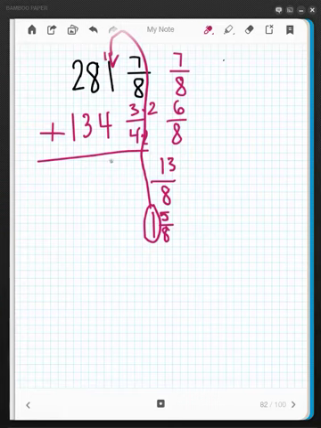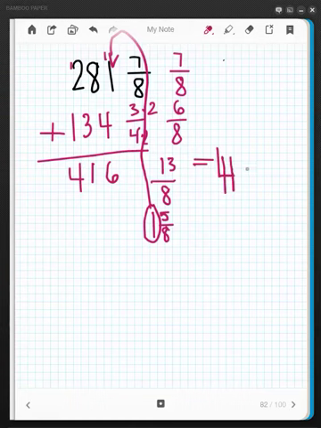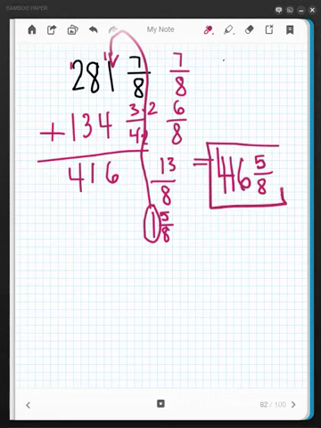So now we have 1 plus 1 plus 4, which is 6, and 8 plus 3, which is 11, carry the 1, 2 plus 1 plus 1, which is 4. And so now we have 416 and 5/8. And that's our final answer.